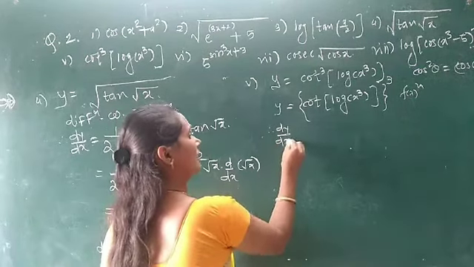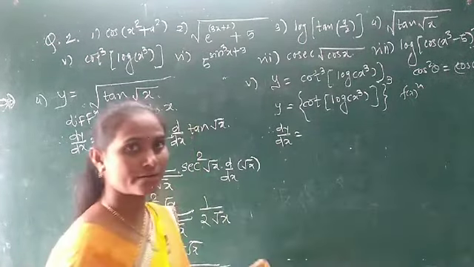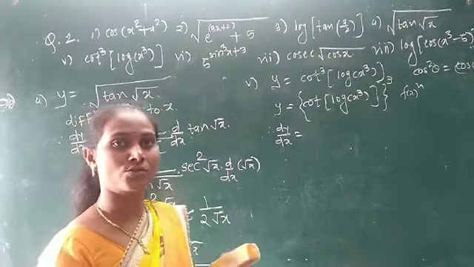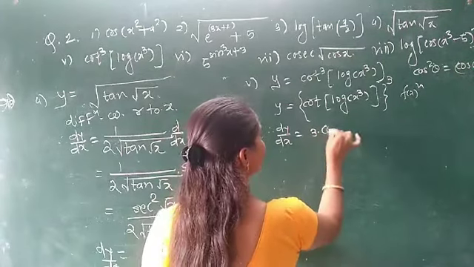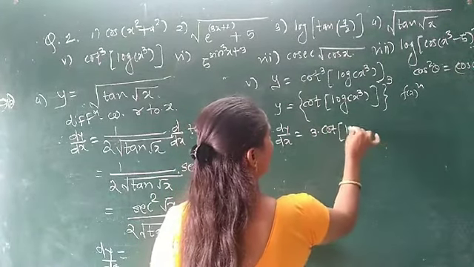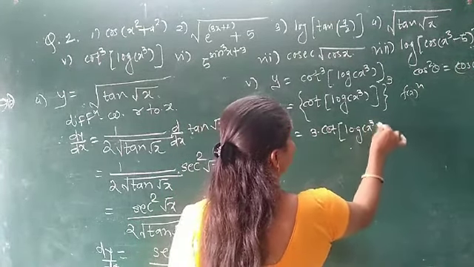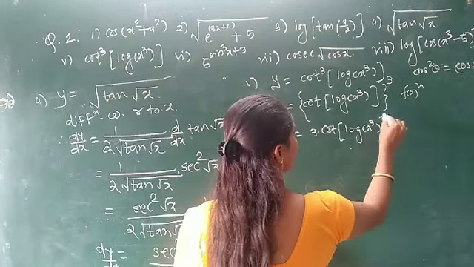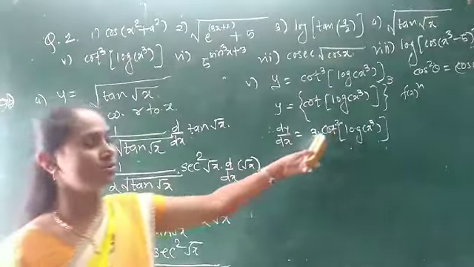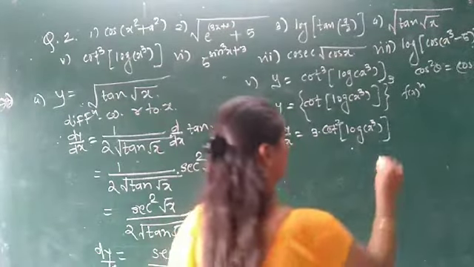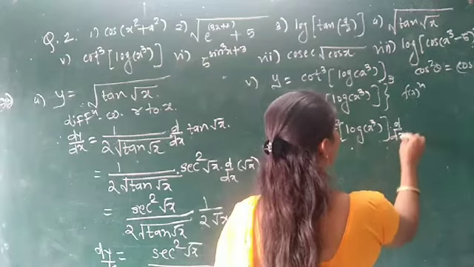dy upon dx is equal to, so what is the derivative? n into function raised to n minus 1. So n means 3 into, write this function as it is, cot of log of x cube raised to 2. So here we write 3 into cot square into the derivative of the function.